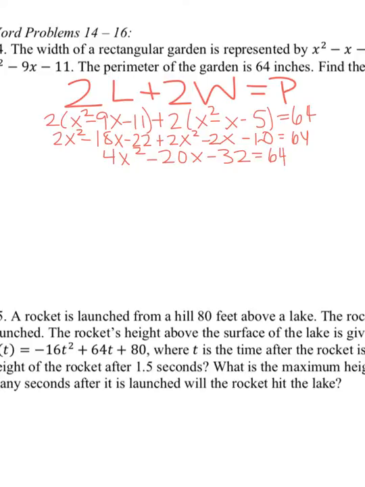And then I am going to subtract over the 64 because I want to set it equal to 0. So 4x squared minus 20x, and then this is now minus 96 equals 0. I'm actually going to do completing the square on this because all of my numbers are divisible by 4. So if I divide everything by 4, I get x squared minus 5x minus 24 equals 0.